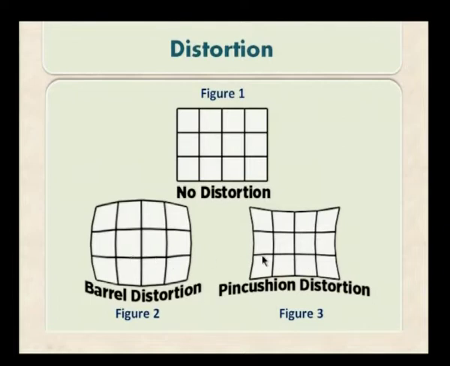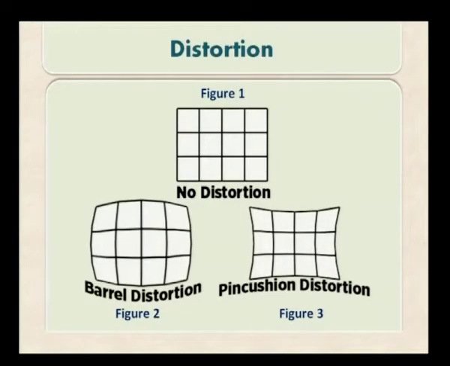So, these distortions are produced by lenses. This is a real object. When the light rays coming from the real object are passing through different lenses, you will end up with either a barrel type distortion or a pin cushion distortion.